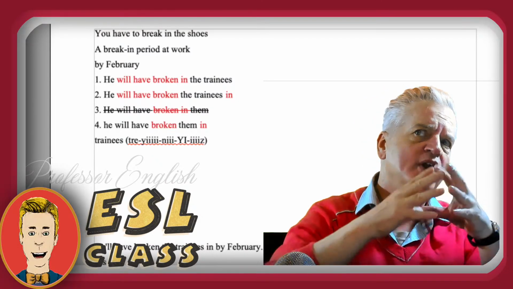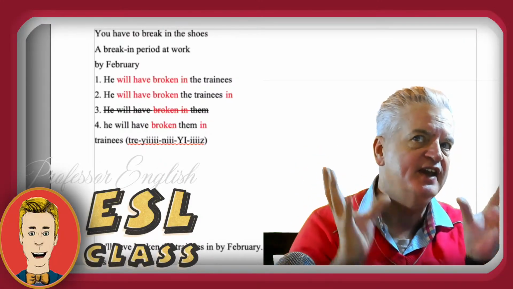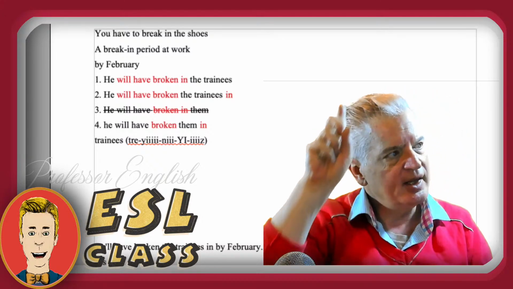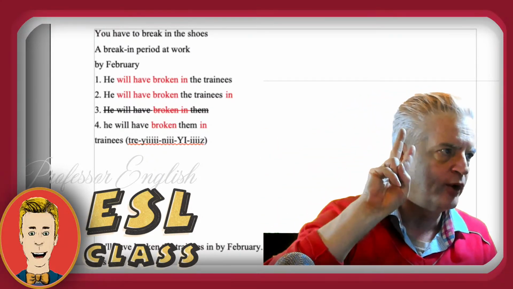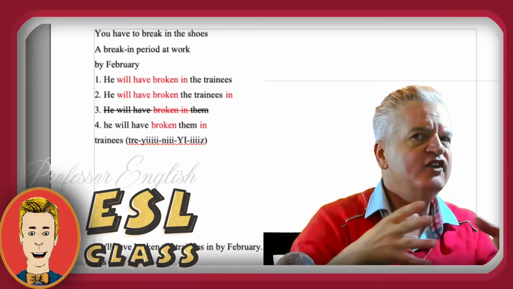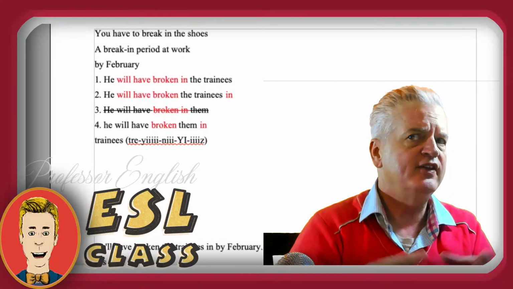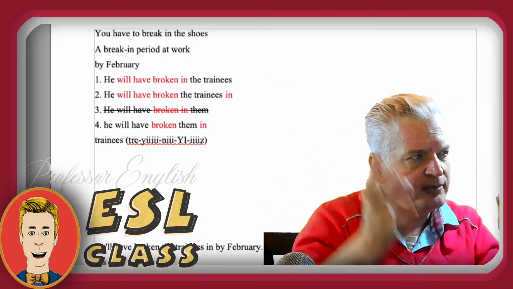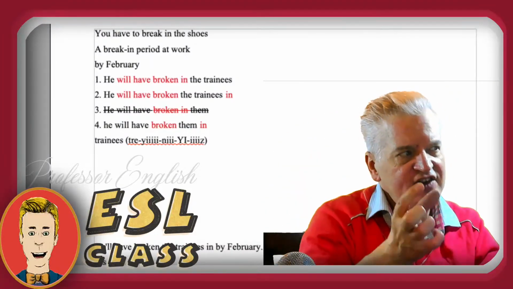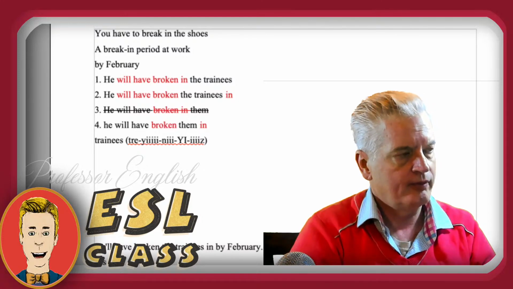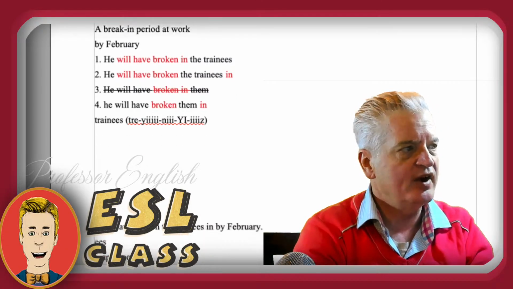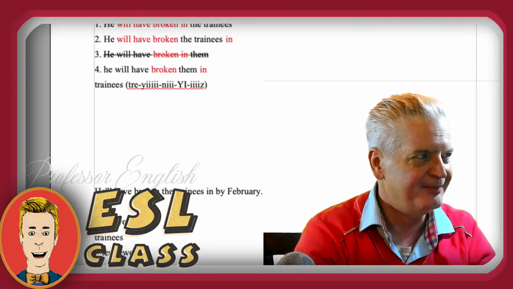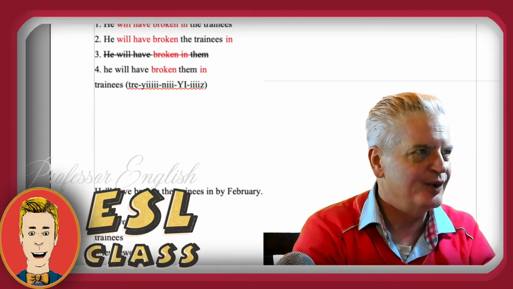So if you are naming the thing, if you give me the name of the noun, the trainees, you have 2 options. He will have broken in the trainees, or he will have broken the trainees in. But if you use the pronoun and the verb is separable, meaning you can separate the 2 words, the object must be inside the verb. So you must say he will have broken them in. That's a really annoying, complicated thing about English. But so we're just reviewing that little rule right now.